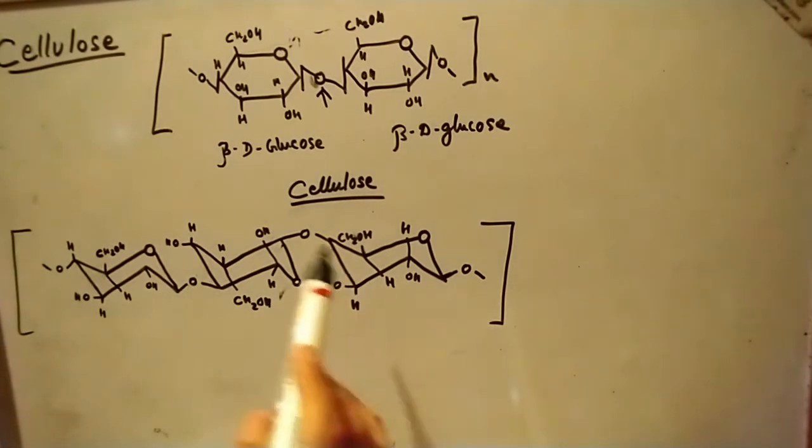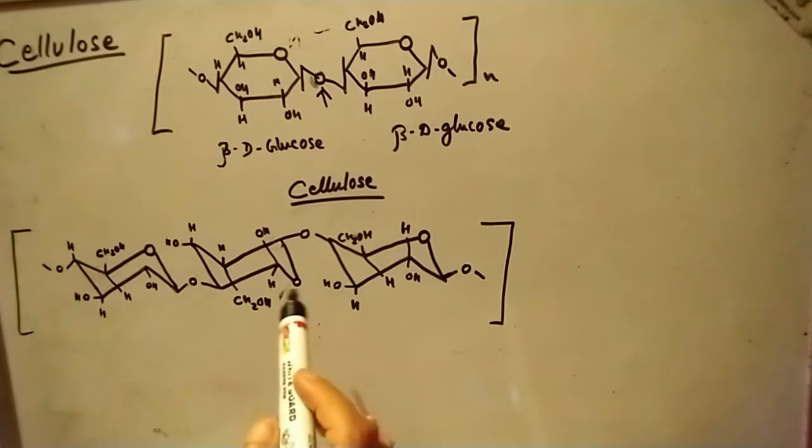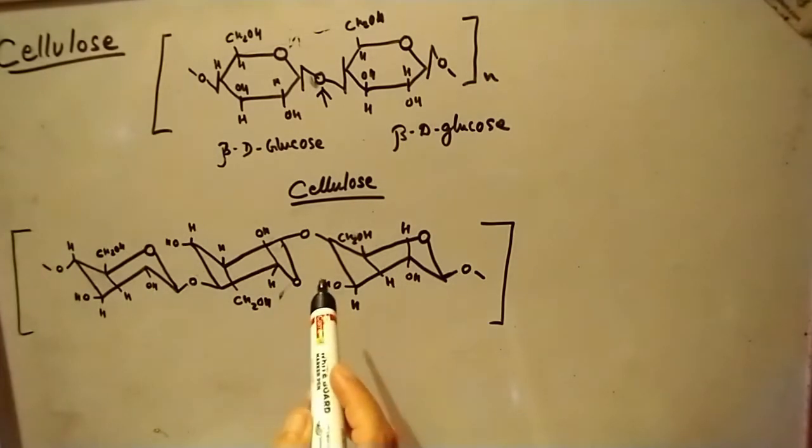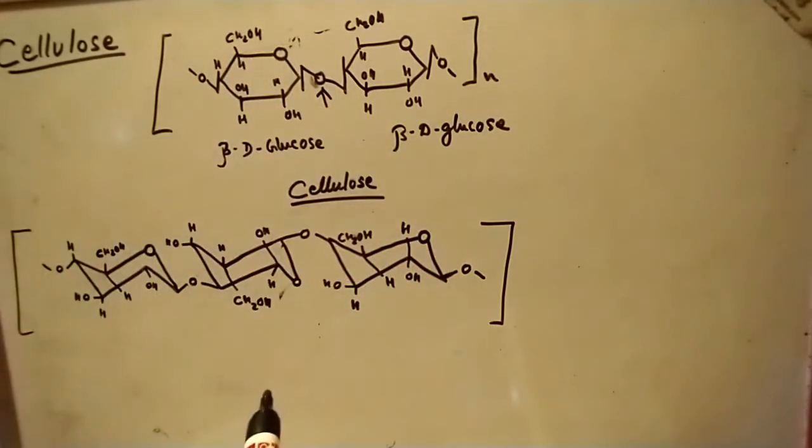Cellulose cannot be digested by mammals because of the lack of enzymes that cleave the beta glycosidic bond.